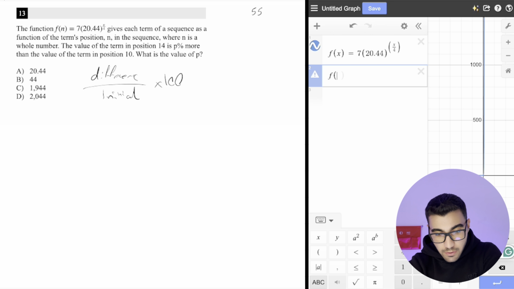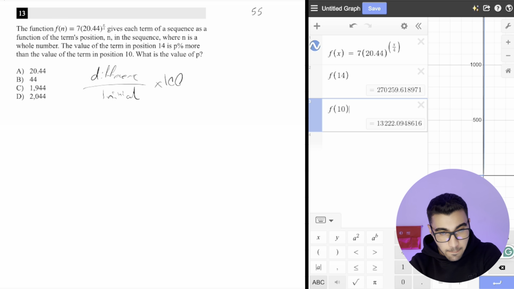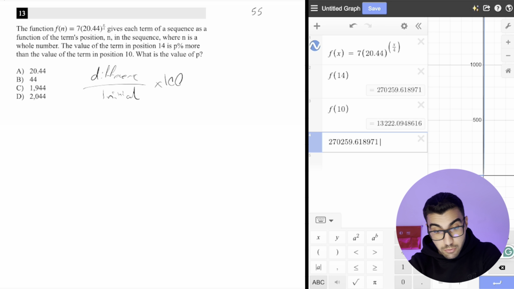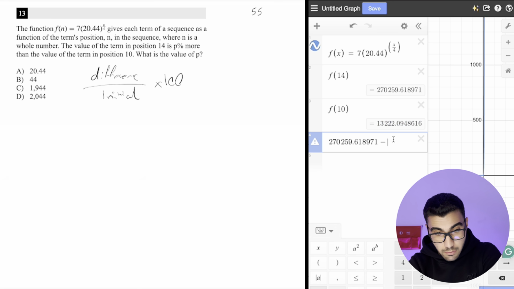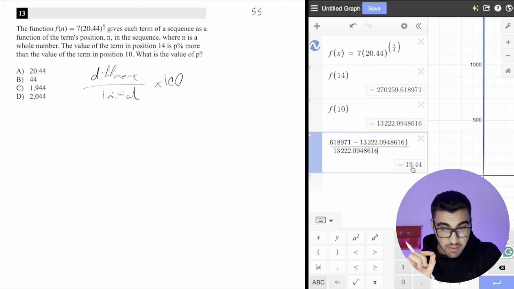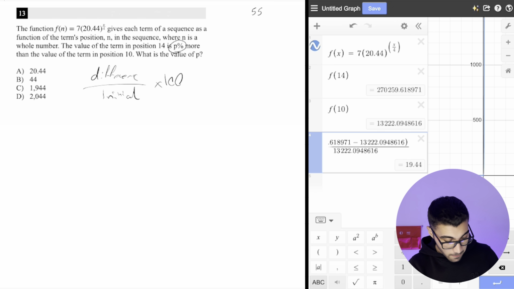Now we want to look for f of 14 and f of 10. These are the values, so we want to find the difference. Now we use the formula, the difference between these two divided by the initial value, which is this, 19.44, times 100 is going to give me the percent, because p is percent. So times 100 is going to be 1944, choice C.